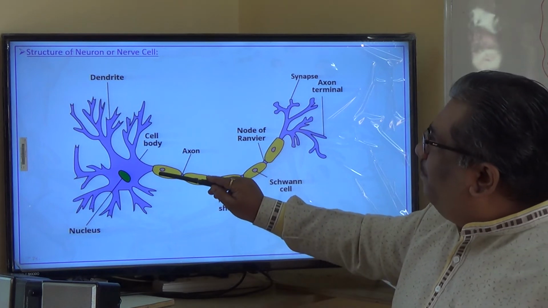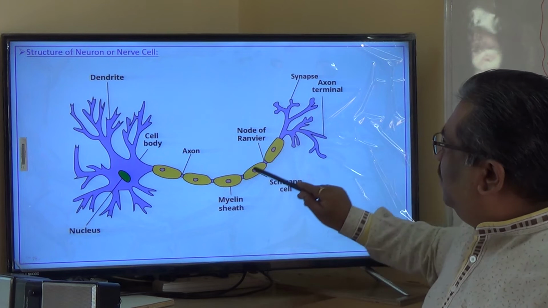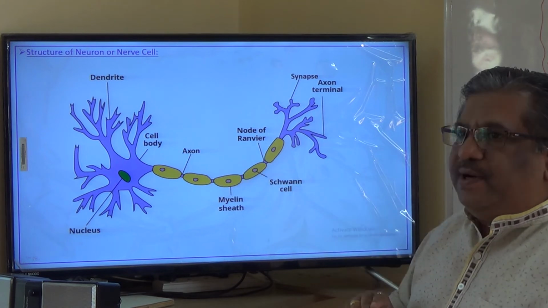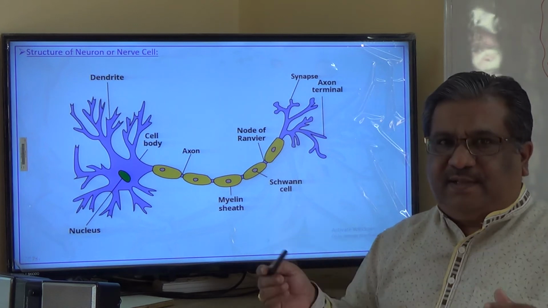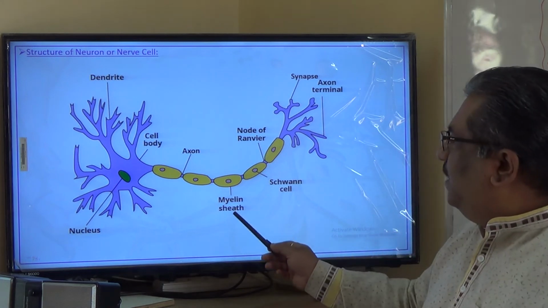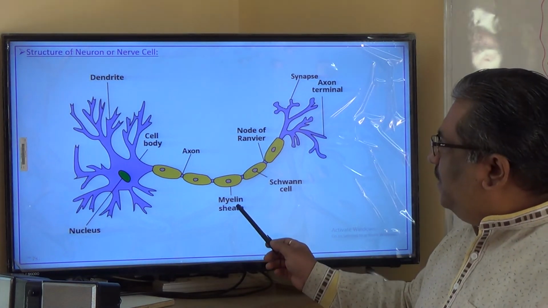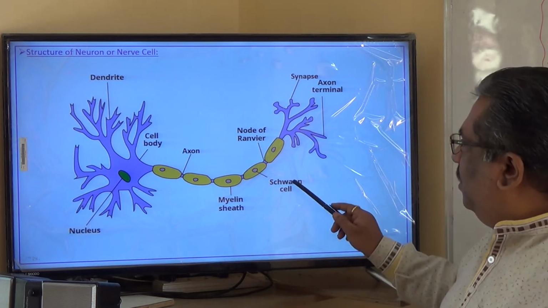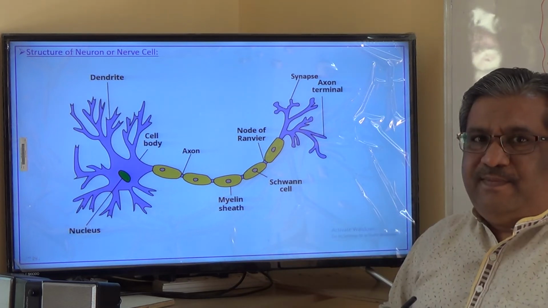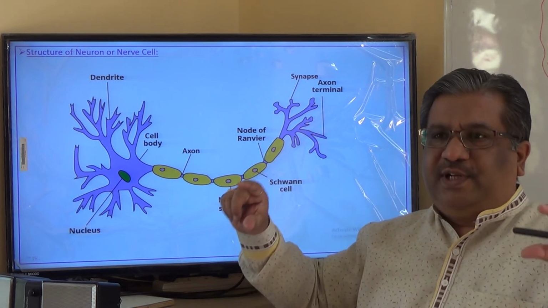Next you have this axon, which is a long fiber. It has an insulated sheath called the myelin sheath. This myelin sheath is formed by particular cells called Schwann cells. The myelin sheath is not a continuous sheath.